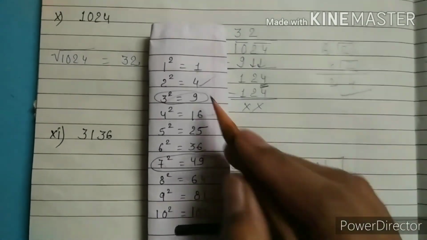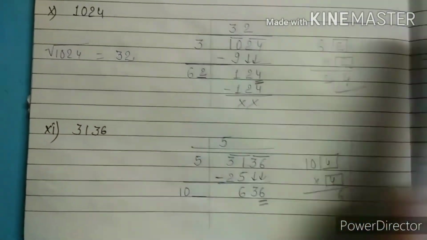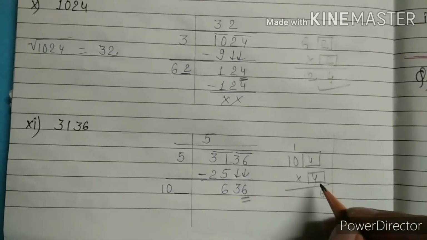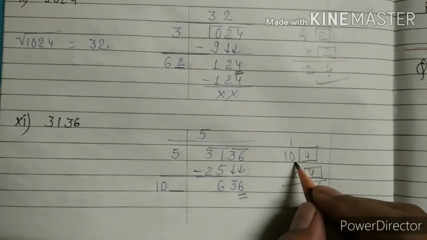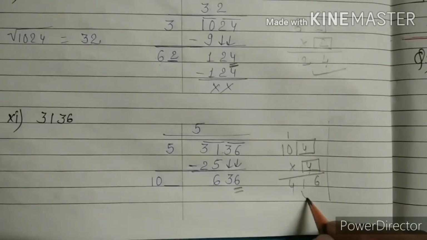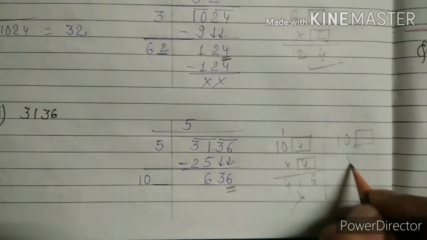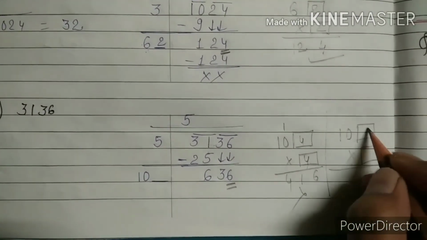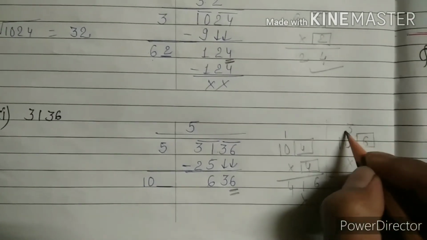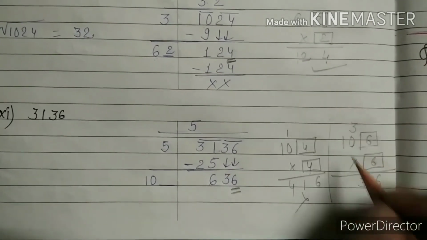So let's see for the 4. Here 4, so both sides 4 will come here. 4 4s are 16, 1 on the carry, 4 zeros is 0, 1 as it is, 4 1s is 4. It will give us 416. No, this will not work. Now we will put here 6. 6 6s are 36. 3 6 zeros is 0, 0 plus 3 is 3, 6 1s is 6.